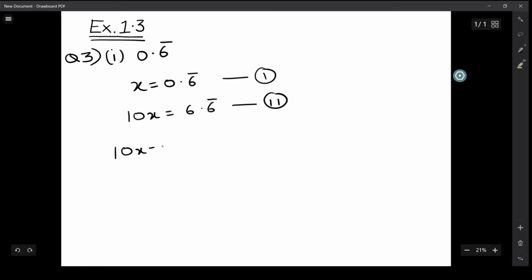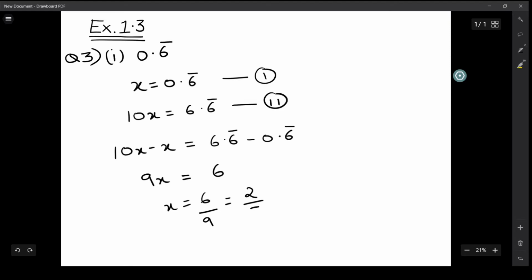So on the left side we get 10x minus x, and over here we get 6.6 with a bar over the 6 minus 0.6 with a bar over the 6, which makes it 9x equals 6, or x is equal to 6 by 9, which in its simplified form is nothing but 2 by 3. And that's our representation in the form P by Q, where Q is not equal to 0.